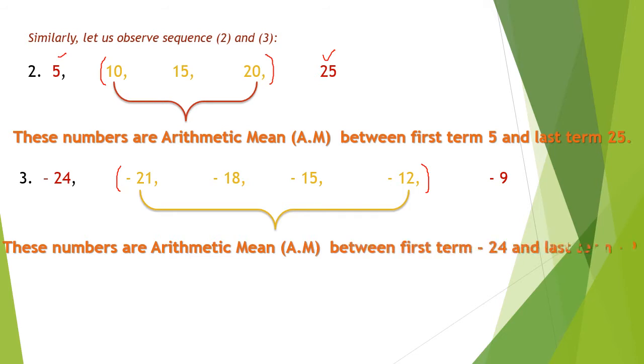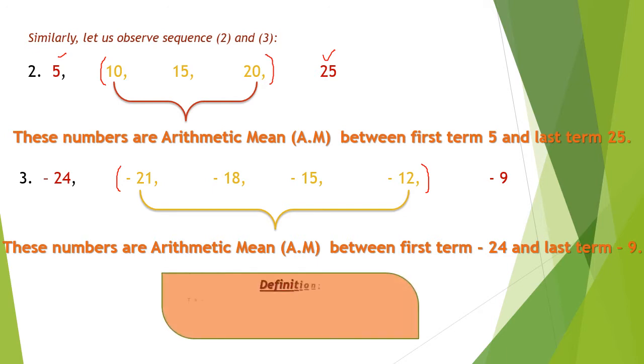The arithmetic means are those numbers which are in arithmetic sequence. First, the sequence must be an arithmetic sequence, then those numbers must be between the first and the last term of the arithmetic sequence. So any numbers between the first and last term of an arithmetic sequence are called arithmetic means.